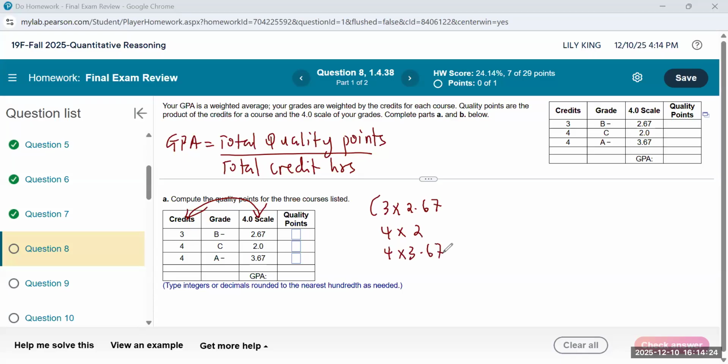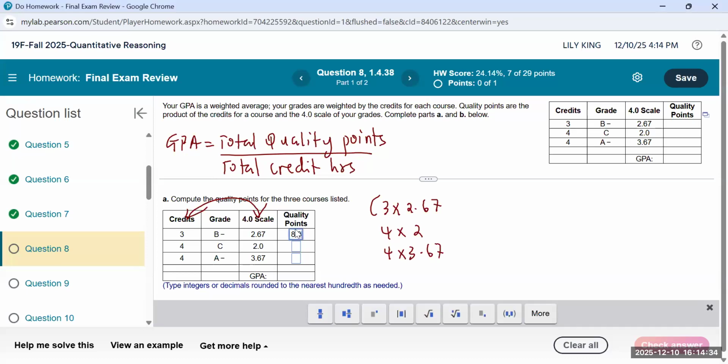So 3 times 2.67 is 8.01. 4 times 2 is 8. 4 times 3.67 is 14.68.